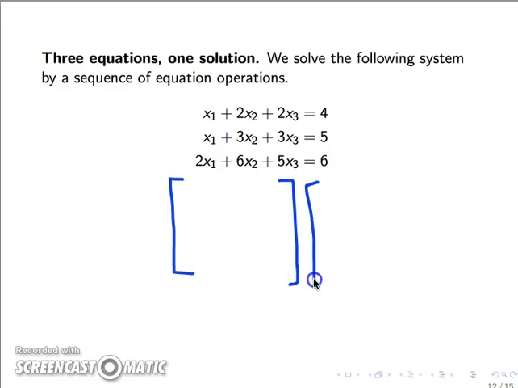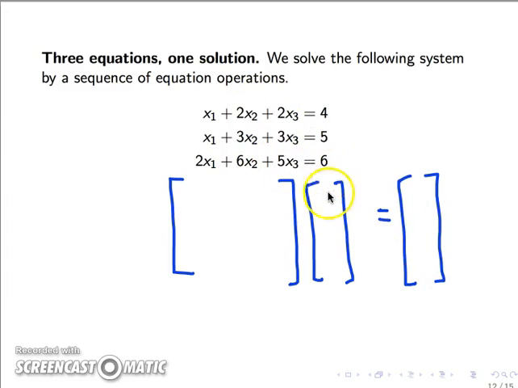If we wanted to represent this in this type of notation, this is going to be called the matrix vector representation of the system. In this case, there are 3 variables: x1, x2, and x3. On the right side of the equal sign, there are 3 numbers, and they are 4, 5, and 6.